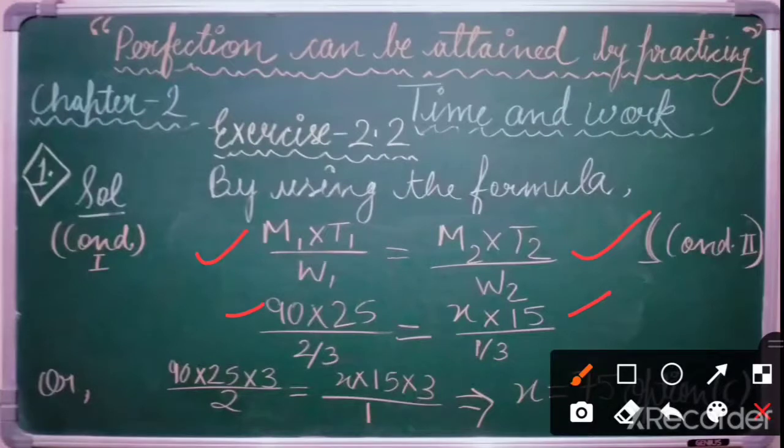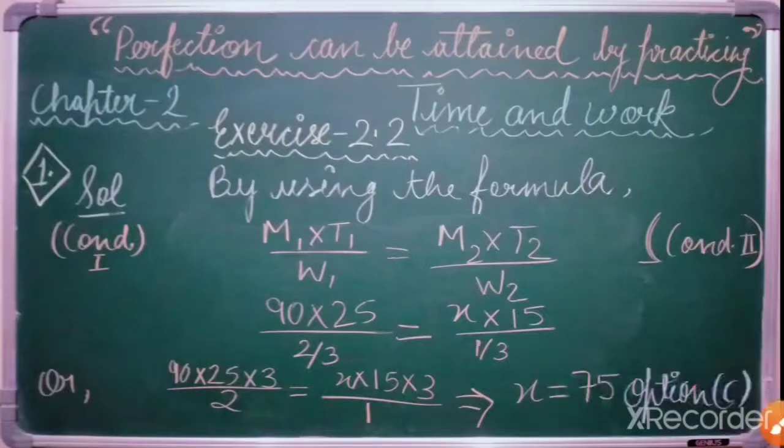Obviously 2/3 work is done, so only 1/3 work is remaining. After solving it, you would get x equal to 75. So they would need 75 workers to complete the work. So option C would be your correct answer.